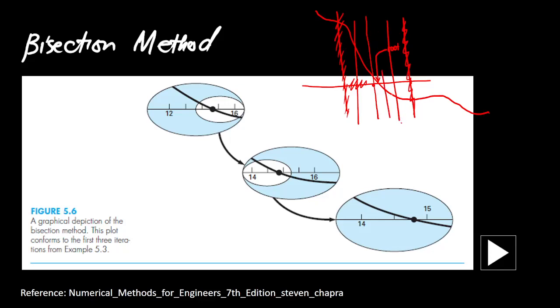And as you can see, you could erase again this one. You could see that you are going closer to the root. So at the fourth time that we take the bracket, we are very much closer to the root. And that is how the bisection method works.